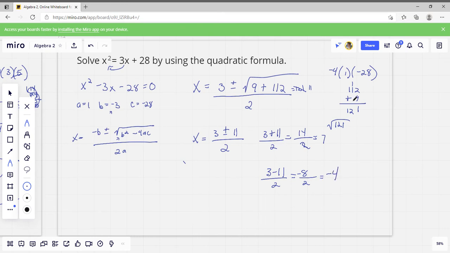So the answers are 7 and negative 4. That's one that we could do by factoring. 7 times negative 4 is negative 28, and 7 minus 4 is 3. Yes.